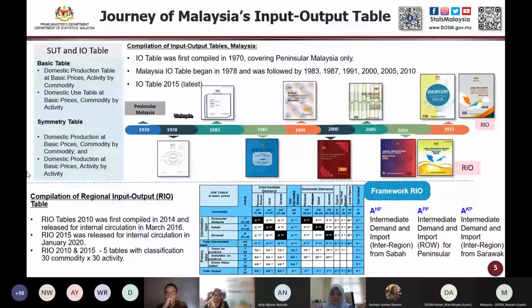In the RIO, we have 3 regions, with intermediate demand and import inter-region for Sabah, Peninsular Malaysia, and Sarawak.